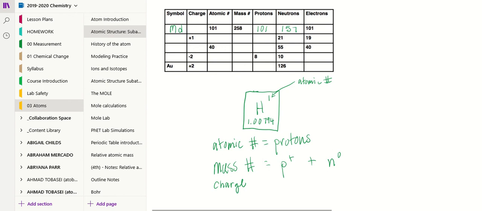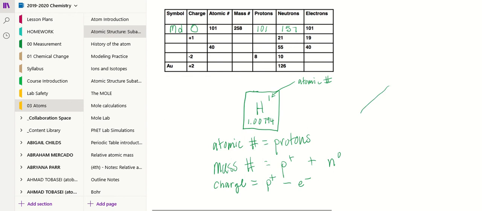I have 101 protons, I have 101 electrons. They're the same, so what's my overall charge? 0, neutral. So your charge is going to be protons minus electrons.